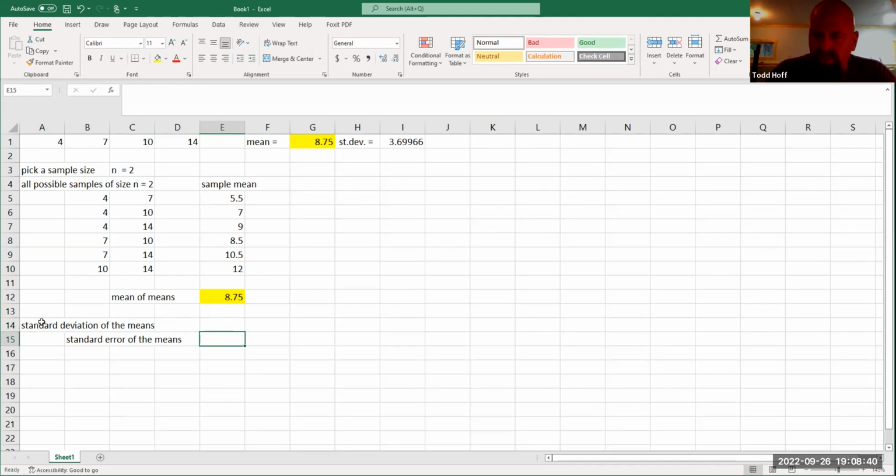that applies only if we are looking at an infinite population. That is, the population is really large compared to the size of the sample. Here it's not. The sample is half the population. So it's not quite going to work out that way. But let's just do the expected standard error here.